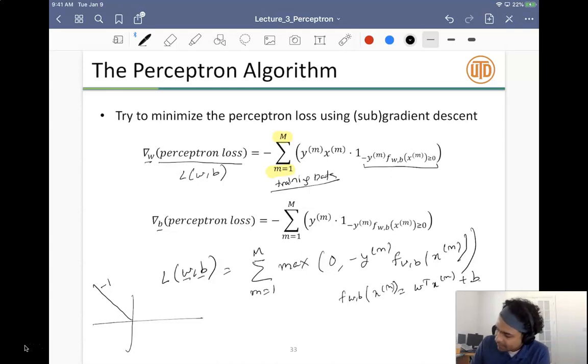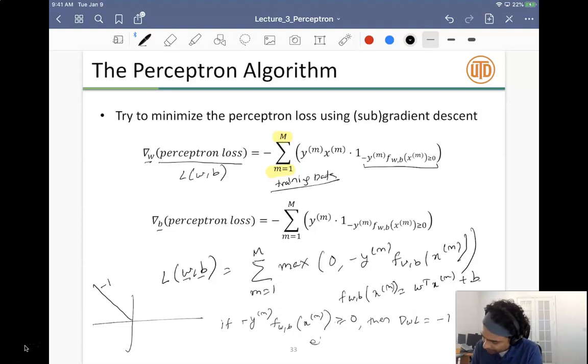So I'll just write this down more clearly. If minus ym multiplied by f of w comma b of xm is greater than or equal to 0, then the gradient with respect to w of L is -1.